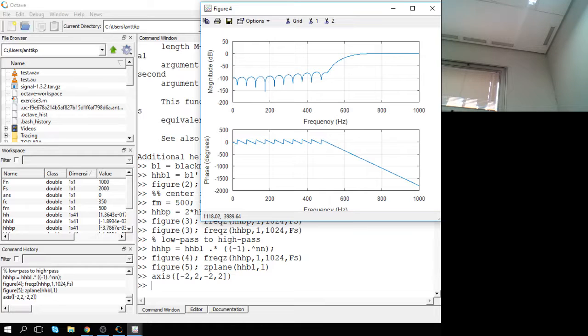And of course, if you have a different bandwidth here and here, then you need to design the high pass filter and low pass filter separately, as long as you keep the order number the same.